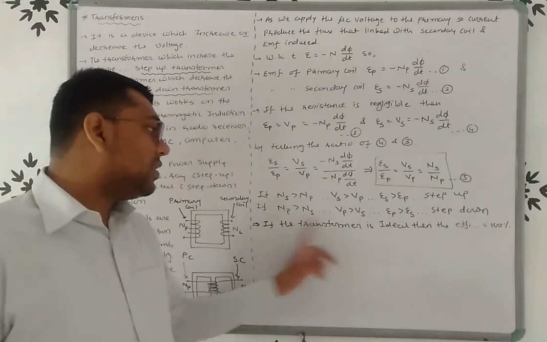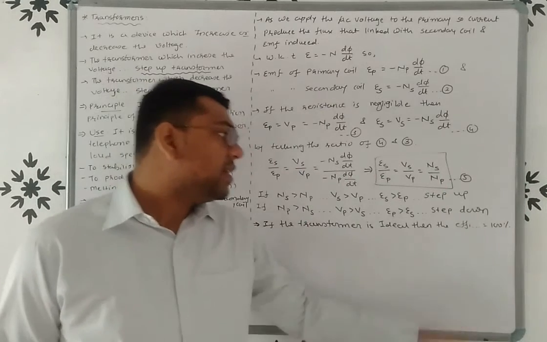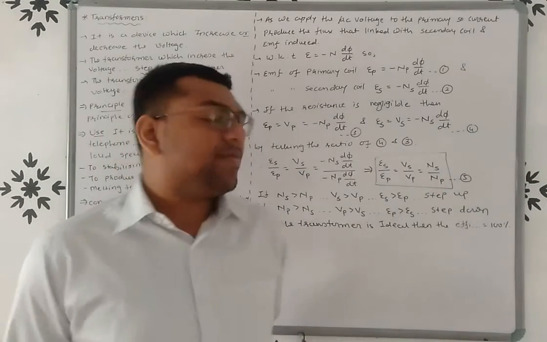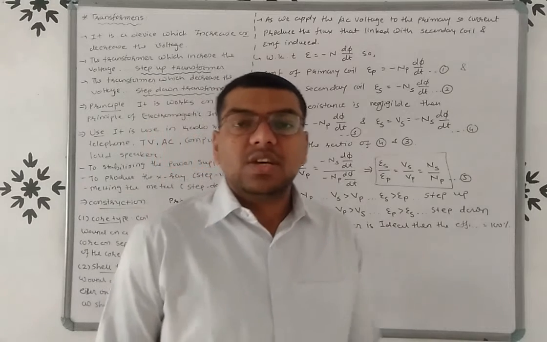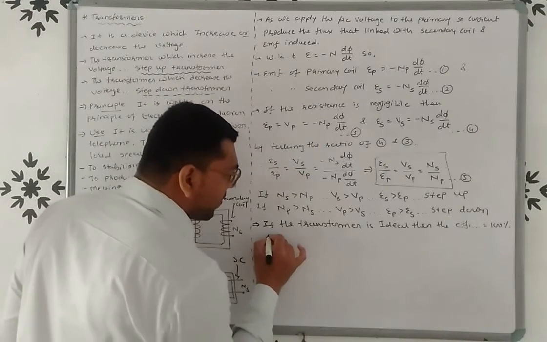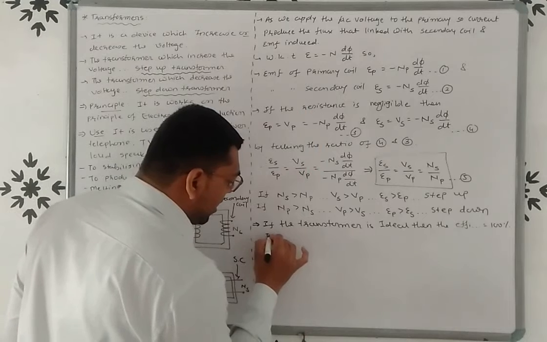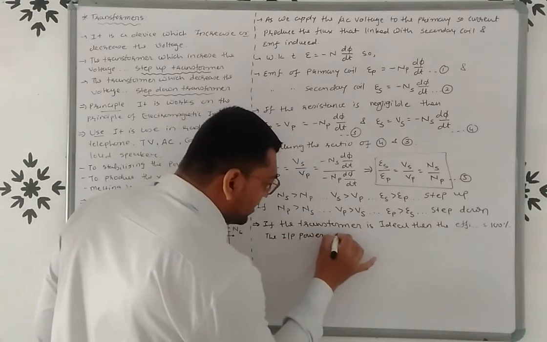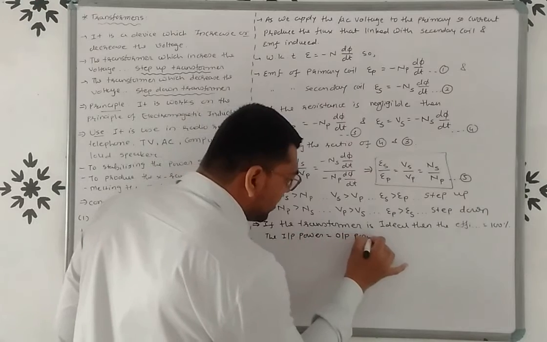So if the transformer is ideal, then there is no loss. So if there is no loss, then we get efficiency 100%. So if there is no loss, then we can say the input power is equal to output power, right?